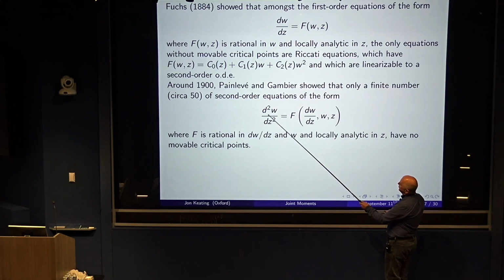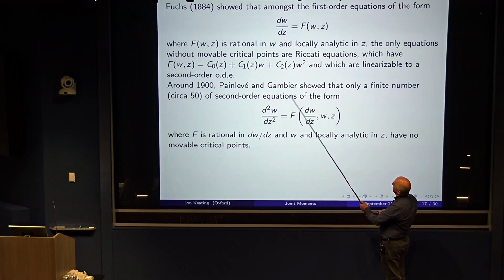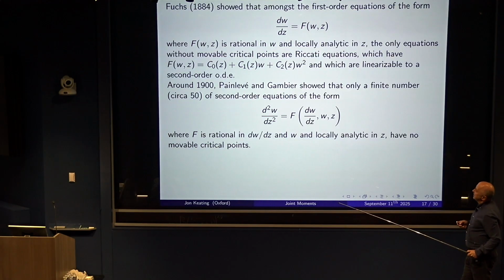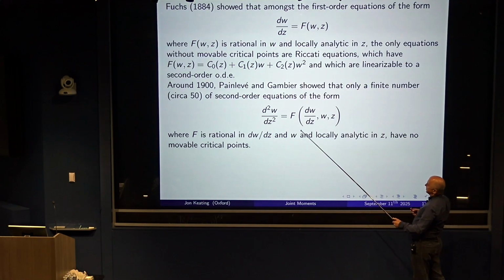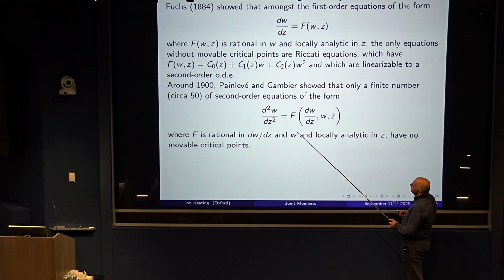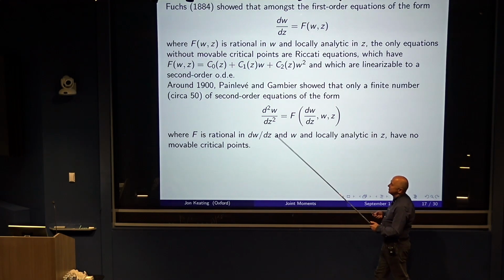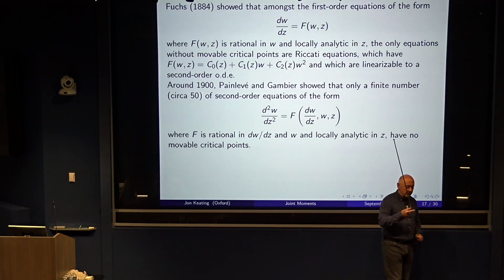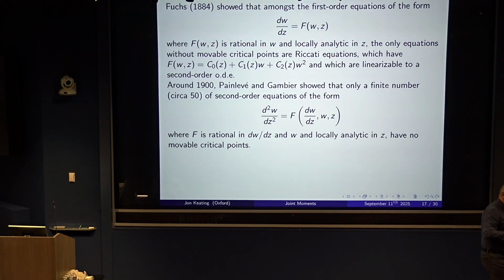Around 1900, Painlevé and Gambier showed that for second-order nonlinear ODEs, you can again classify the ones which have no movable singularities, and there are, depending on precisely how you count them, around 50 of them. The number is known precisely, but there are different ways of counting them.